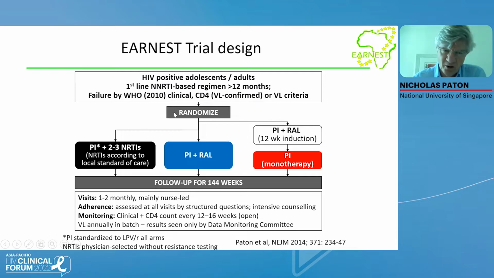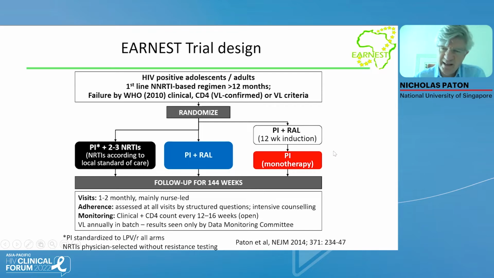We randomized them all to receive lopinavir as a protease inhibitor, but in the control arm, they received 2 to 3 nucleosides selected by the clinician, or raltegravir, or a PI monotherapy arm where they were induced with PI plus raltegravir, but then dropped the raltegravir after 12 weeks to continue PI monotherapy.